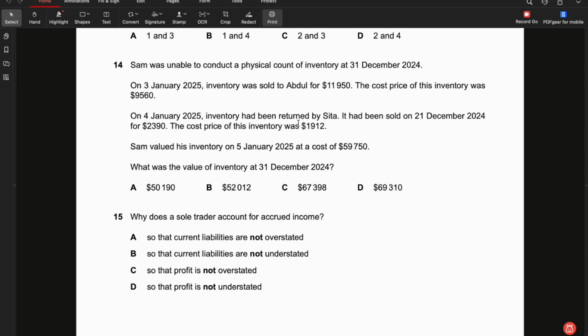But when we look at this on December, we would not know whether Sita would accept or return the sales. So on that day we still consider that we sold these goods to Sita, and that inventory is not with me. Sita is only returning that on 4th.